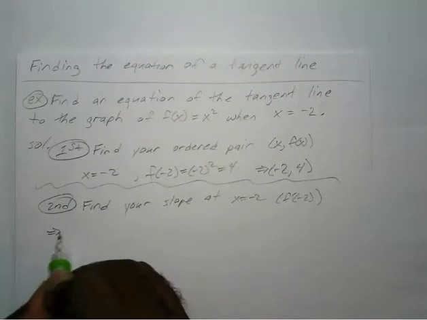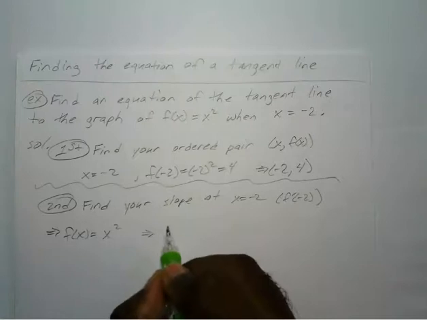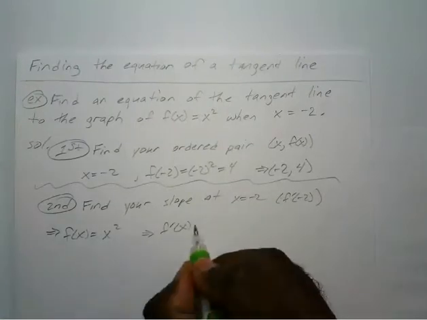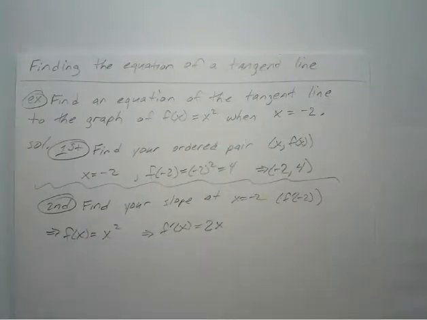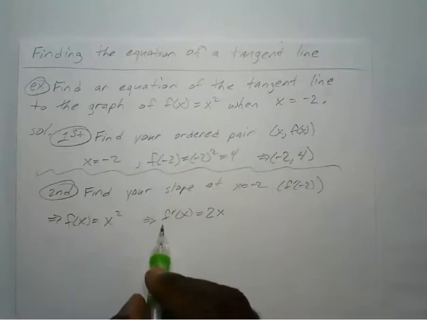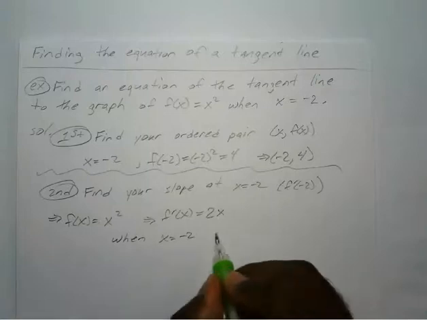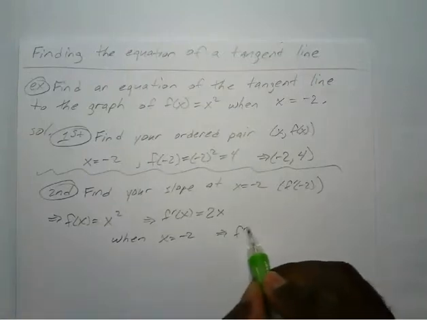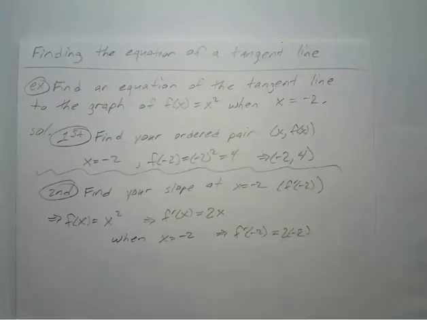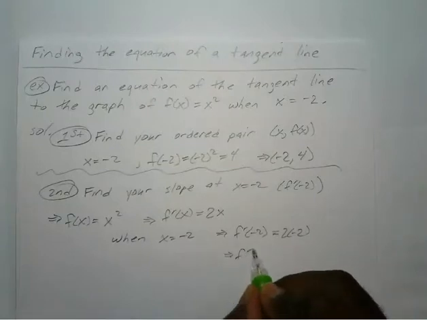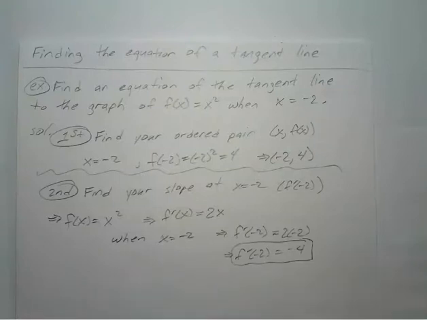So if we know that our f of x is equal to x squared, then our f prime of x, we bring down the 2 and subtract 1, is just going to equal 2x. So we also know when x equals -2, your f prime of -2 is going to equal 2 times -2. So your f prime of -2 is equal to -4. Okay, so go ahead and circle that one.